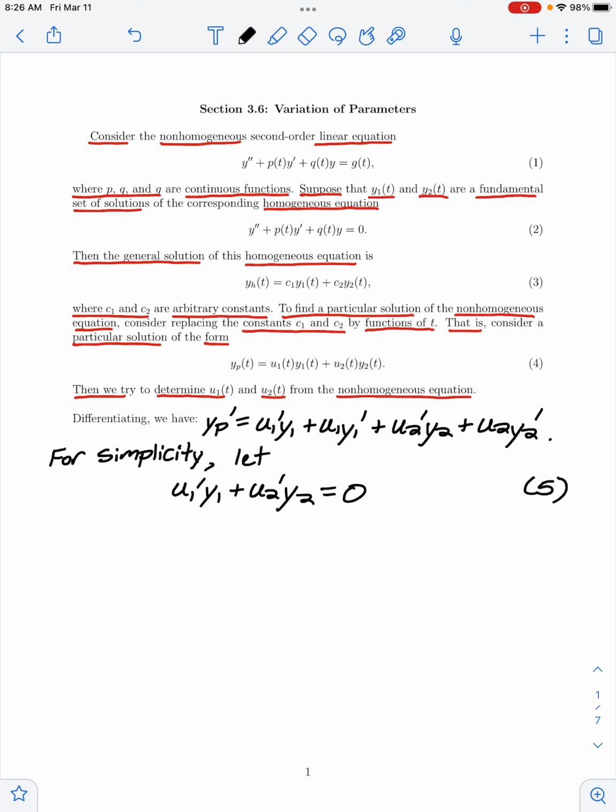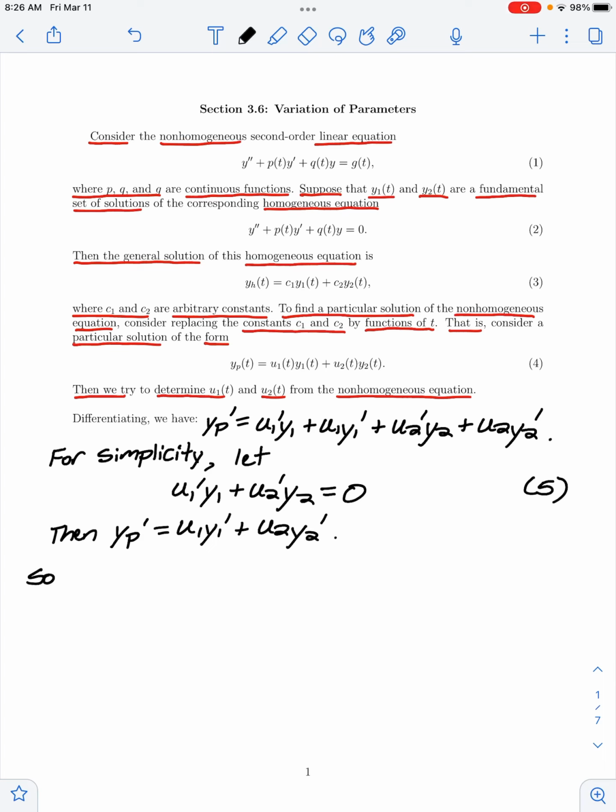And so if the sum of these terms is 0, then our first derivative, yp prime, simplifies to u1 y1 prime plus u2 y2 prime.